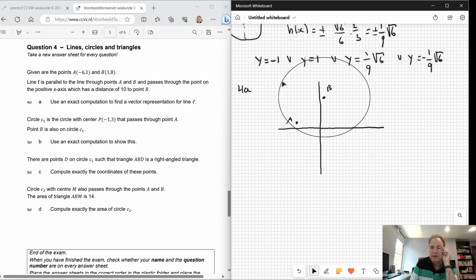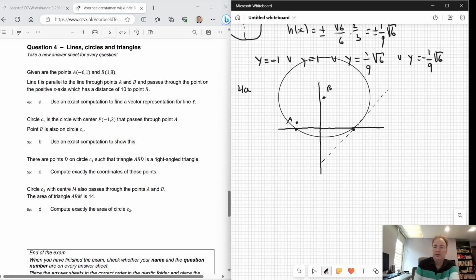So it's something like this. This is a circle of radius 10, and then we see where it crosses the x-axis, in this point, but this is the negative x-axis, and this point. That means the line we're looking for is parallel to AB. So that line will be roughly something like this, parallel to AB and going through this point.